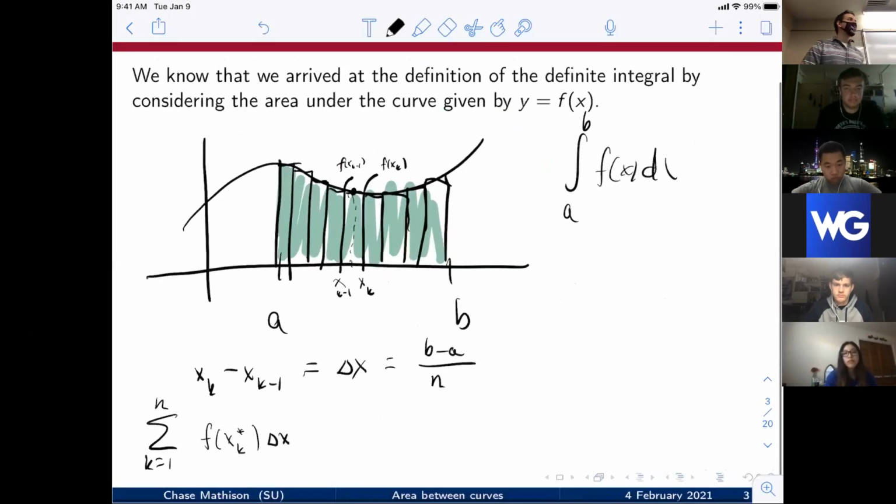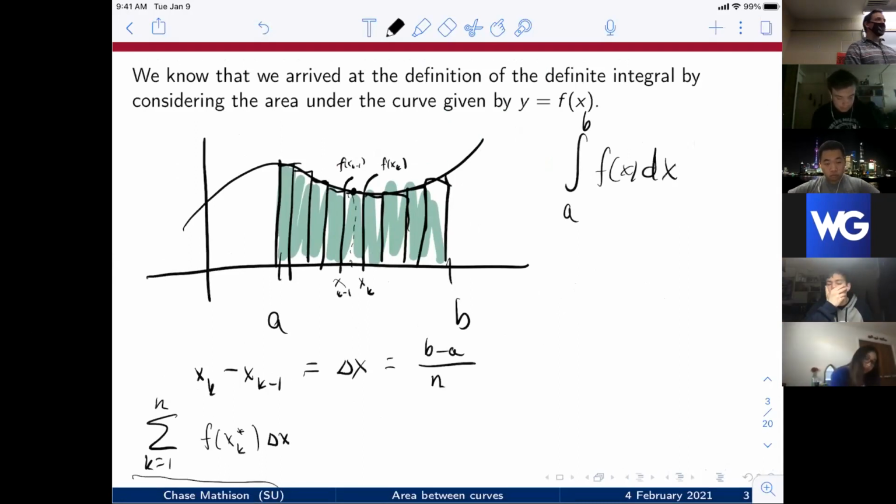Then what we do is we take a limit. We say then that the integral from a to b of f of x is approximately this thing for any fixed n, but then when I let n get larger and larger, in other words, I use more and more rectangles, then it becomes exact. And I get that the definition of the integral is this. The limit, don't forget the limit, because that's the important part, Chase.